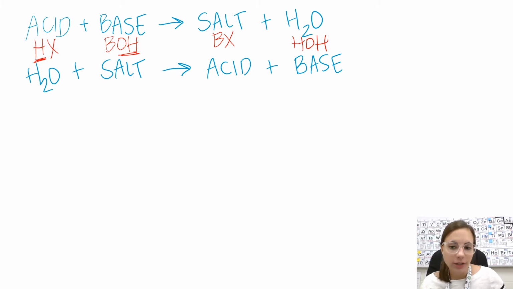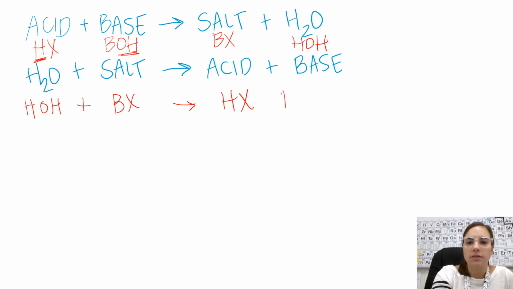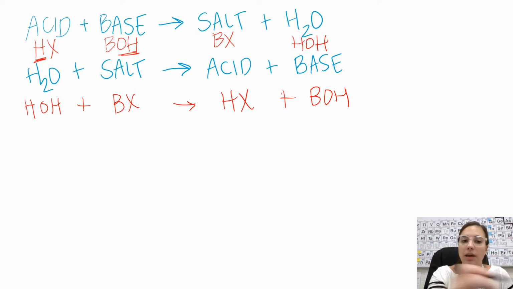We just write it as H2O, right? So if we work backwards, then HOH plus this salt makes HX and BOH. So this is just generic, okay? So remember I talked about we call this the parent acid and the parent base to make the little baby salt.